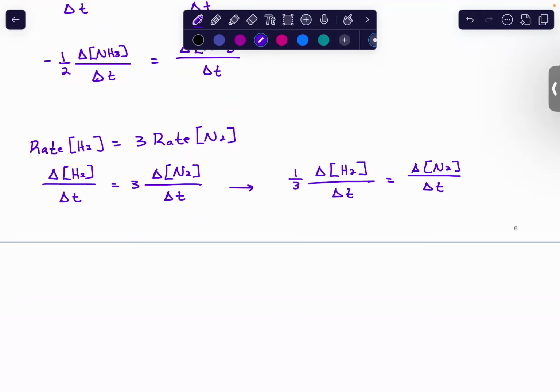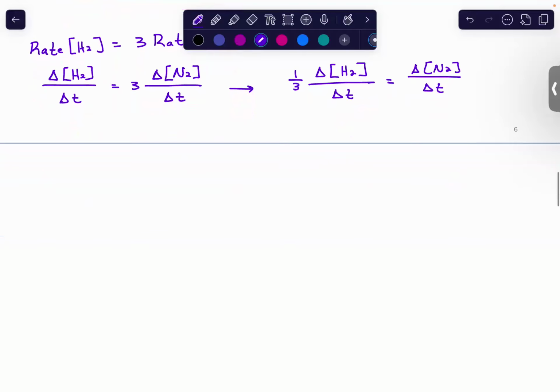Now let's set all these equal to each other and see what it looks like. Because remember that our equation is two ammonias splitting into N2 and 3 H2s.